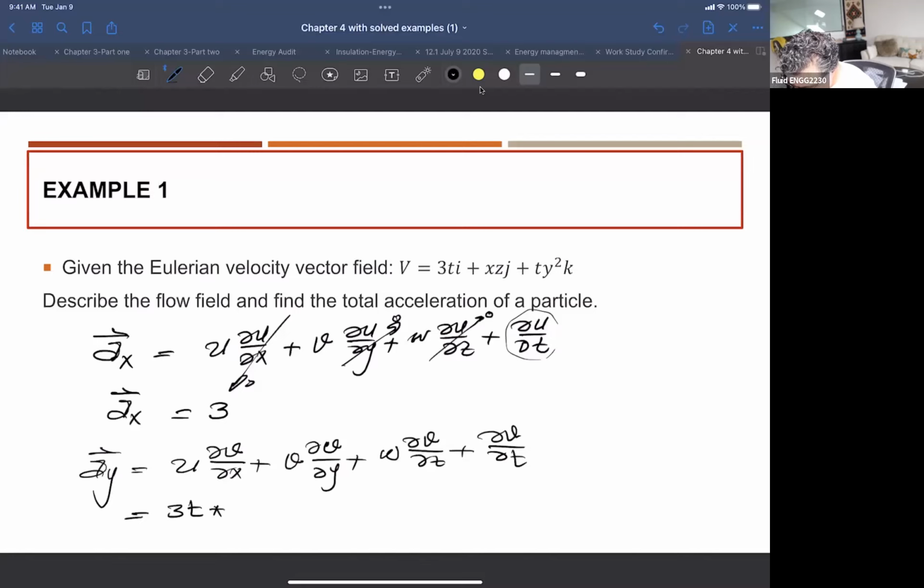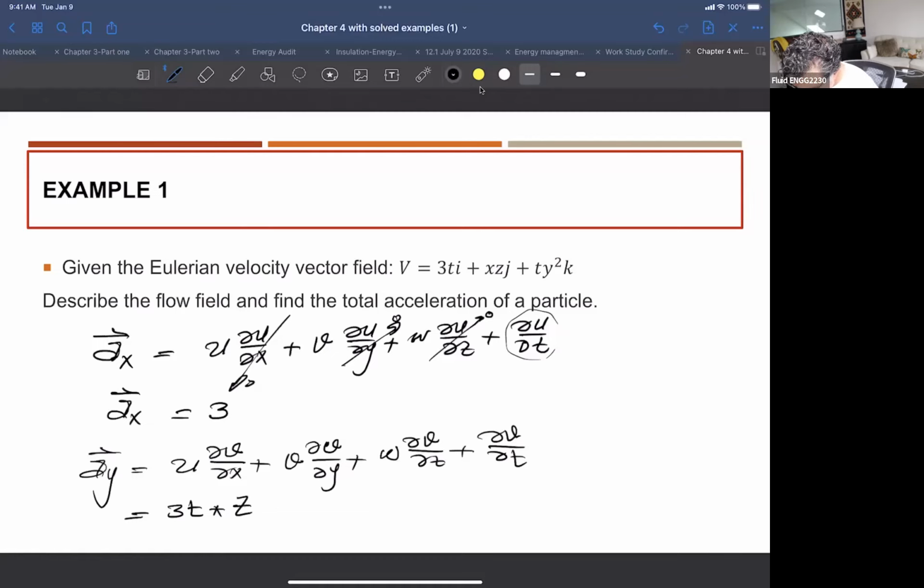I'm doing a simple math exercise, guys, right? It's simple, but you have to be careful, because sometimes people, even myself, make mistakes by not looking in the right direction. So I look at v here, not the other components. V is equal to xz. So when I differentiate it with respect to x, it is z.